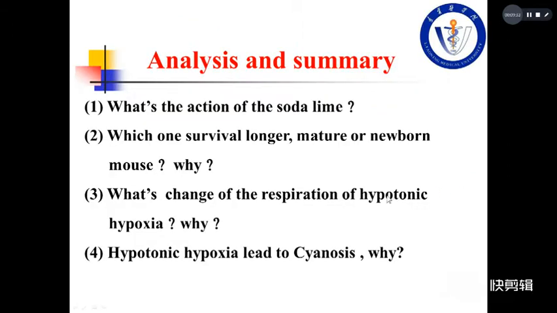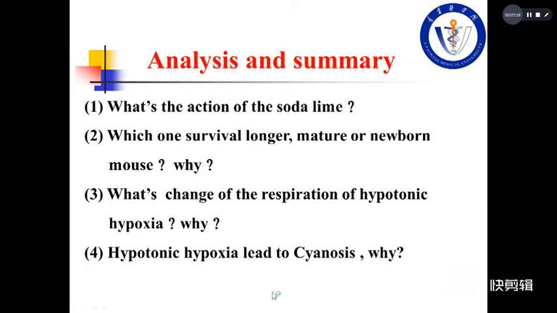Analysis and summary. For questions: what's the action of the soda lime? The second, which one survives longer, mature or newborn mouse? Why? The third, what change of the respiration occurs in hypotonic hypoxia?